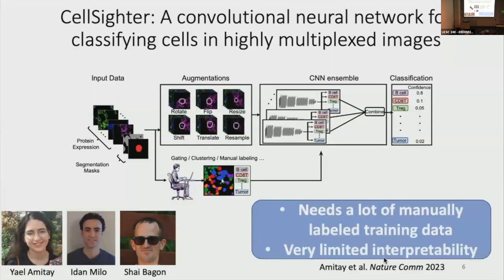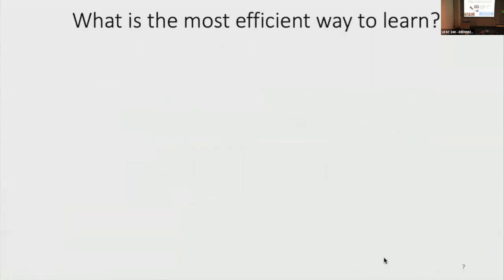But what we learned is that this really requires a lot of manually labeled training data, which, as everybody's repeated, we don't have a lot of, and it takes a lot of effort. And we had very limited interpretability of what went wrong in the cases that went wrong, and why it makes certain classifications.